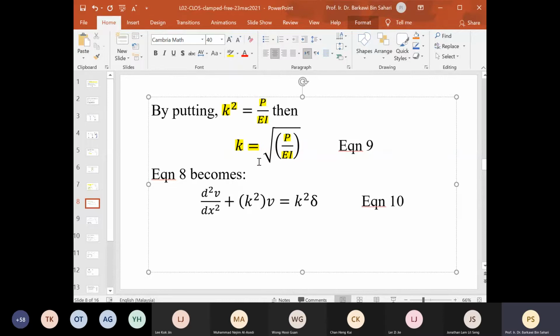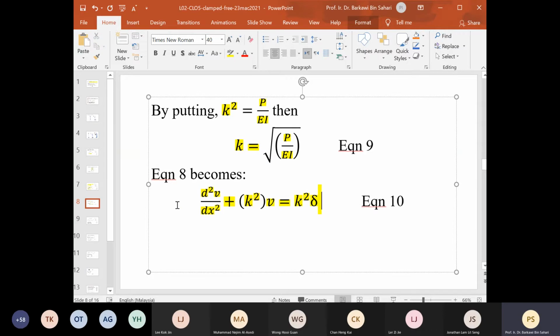Now, if we put that K square into the equation, then the Euler equation becomes d2V dx square plus K squared V equal to K squared delta.